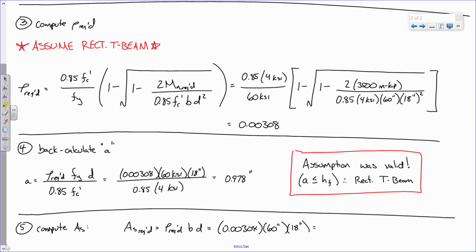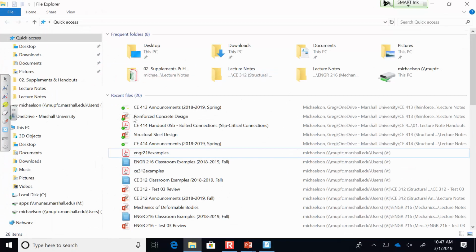Remember, use the entire rectangular width. So what's that? All right.